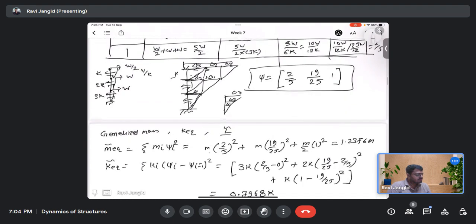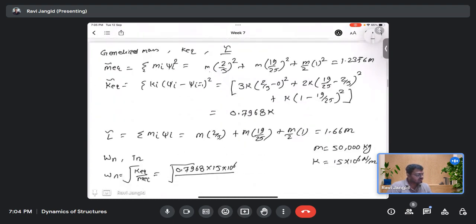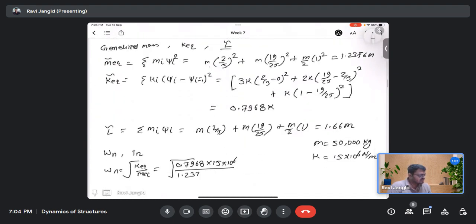M is your 1.2376 into 50,000. So let me calculate how much we are getting. 0.7968 into 15 into 10 raised to power 6, divided by 1.2376 into 50,000. So that is coming out to be 13.89.